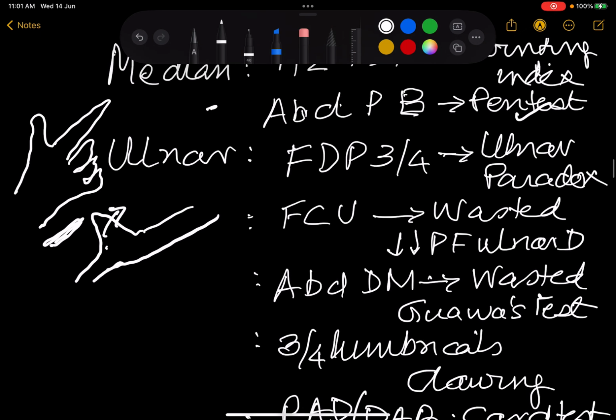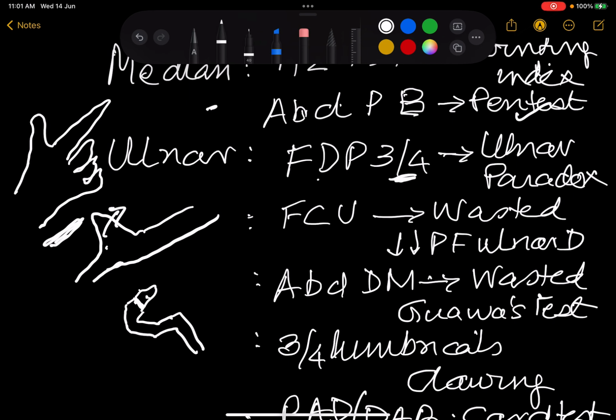Then the ulnar paradox, because the flexor digitorum profundus 3rd and 4th is paralyzed in ulnar nerve palsy, high ulnar nerve palsy. Therefore, the claw hand deformity is reduced. Claw hand is flexion at DIP, flexion at PIP, and hyperextension at MP joint. This is the claw hand.